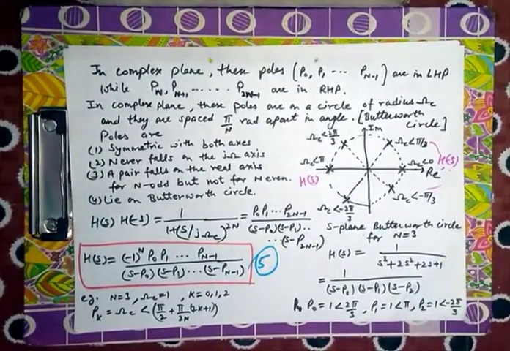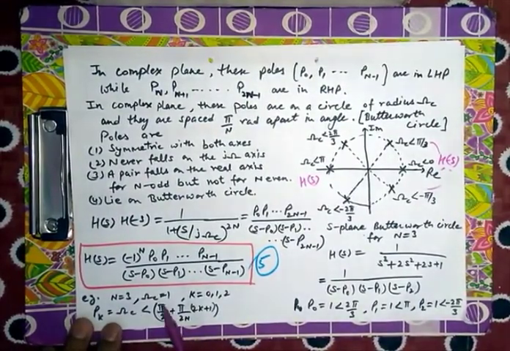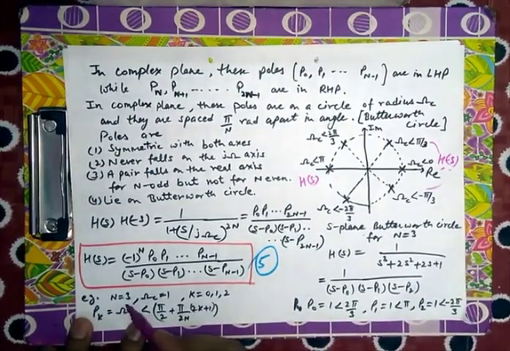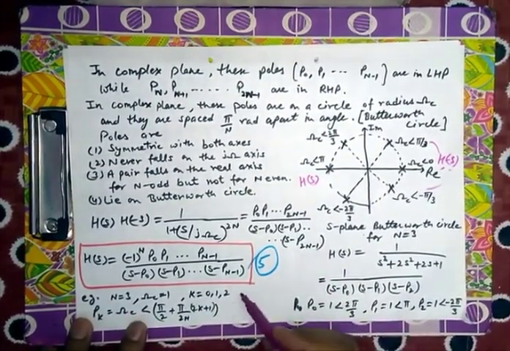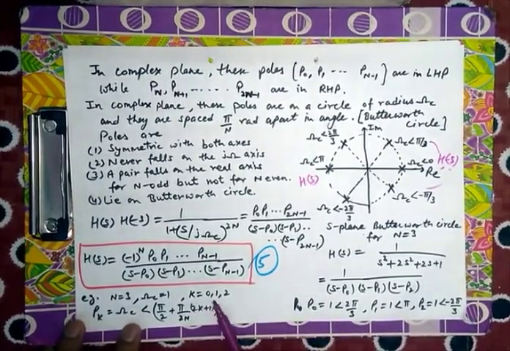Further, we can take an example of n equal to 3, a third order Butterworth filter having cutoff frequency 1, with k equal to 0, 1, 2. Suppose we directly put the value n minus 1, that is, we have already used 0 to n minus 1, so we have 0, 1, 2.